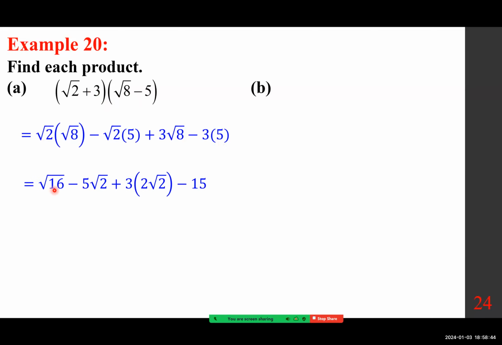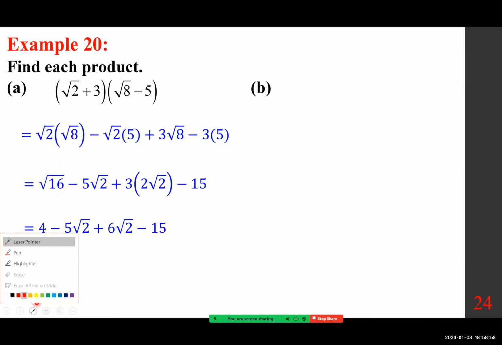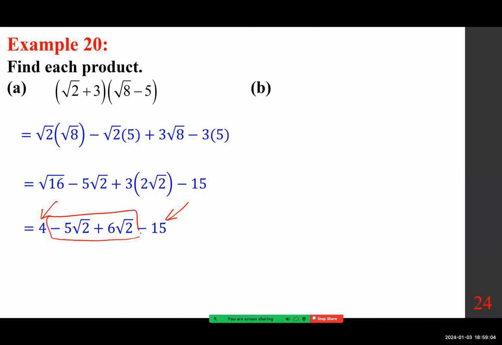Now square root of 16 comes out as 4. So this comes out as 4 and this is 6 square root of 2. And so we can combine these two into -11, these two into plus square root of 2. I hope you see -5 plus 6, they add up to 1 times square root of 2.